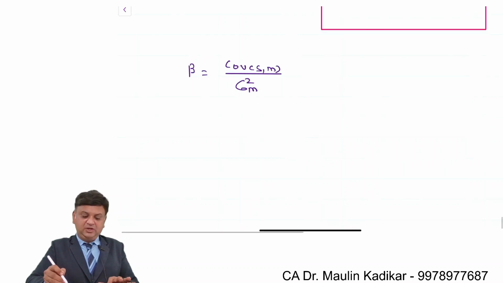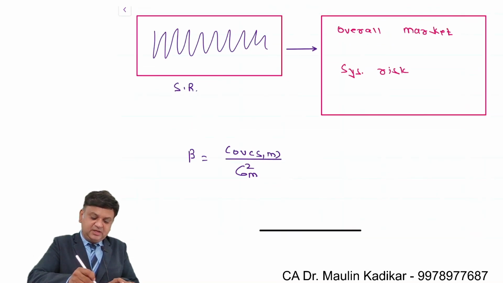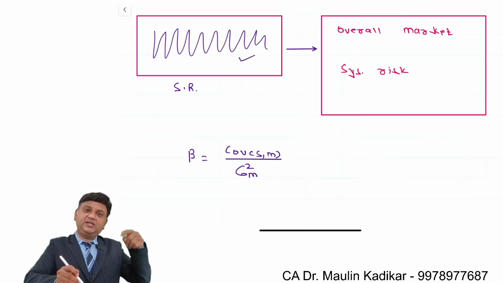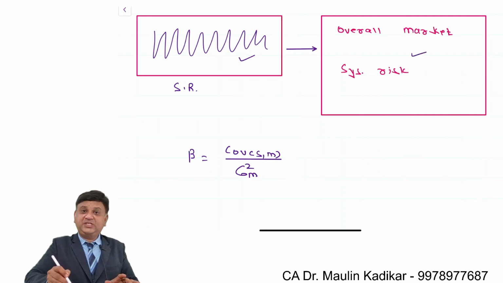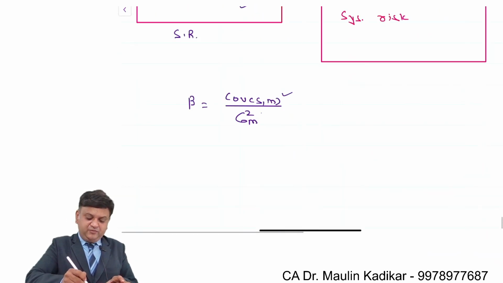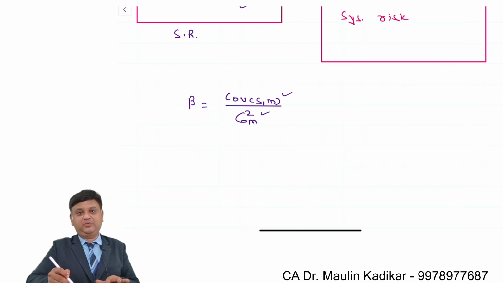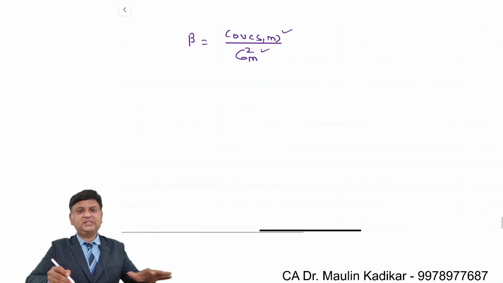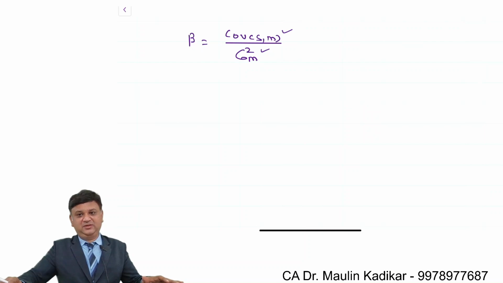The numerator is the change in the security's return due to change in the market's return, that is the covariance of the security with market return, divided by total systematic risk, measured as the variance of the market portfolio. That is the way the beta of the security is found.